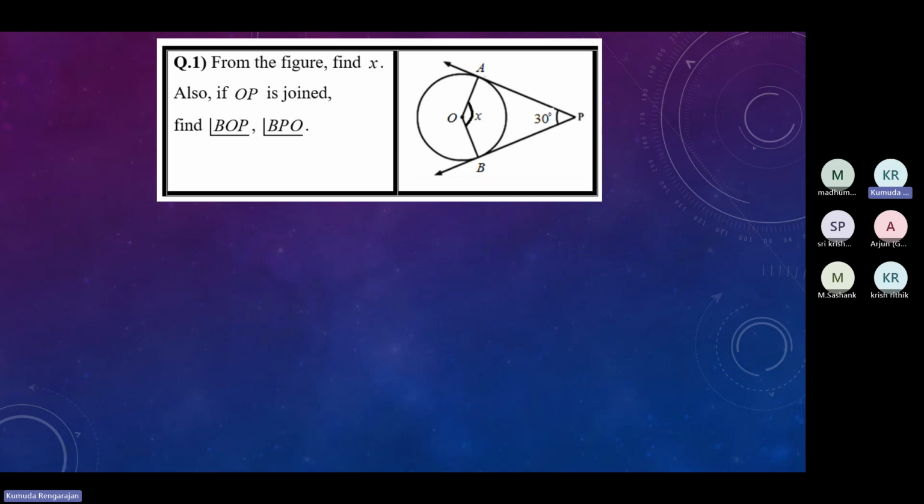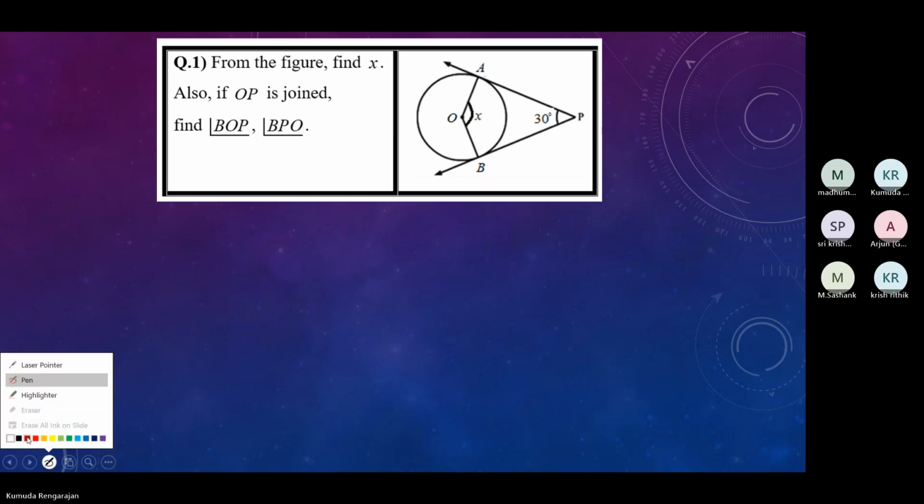Again, in one of the earlier classes, we understood that AOBP is a cyclic quadrilateral. Though we don't see a circle running through the vertices A, B, and P, you understand it is a cyclic quadrilateral because there is a circle passing through the vertices A, B, and P. This is the proof.